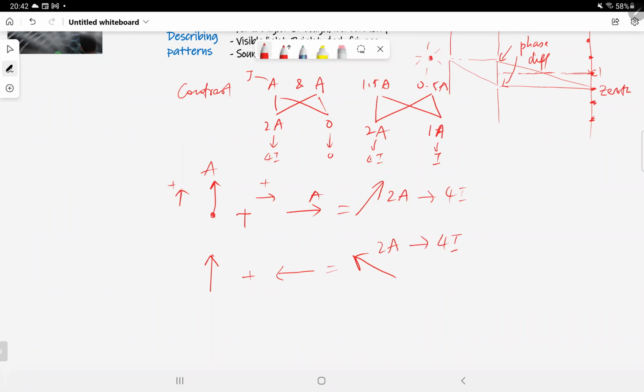No difference. So in these two cases, one case both are in phase, the other case is in anti-phase, but it makes no difference. If they are perpendicularly polarized with respect to each other, in phase or in anti-phase, whether they undergo constructive or destructive interference, the outcome is the same amplitude. So you get no observable pattern.